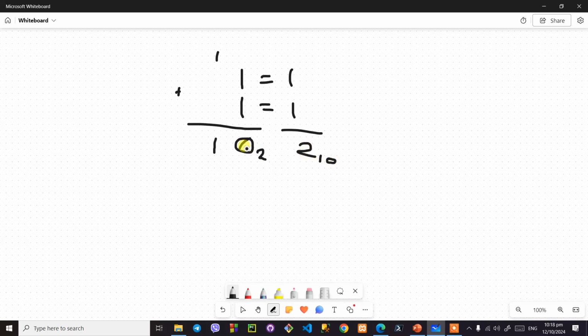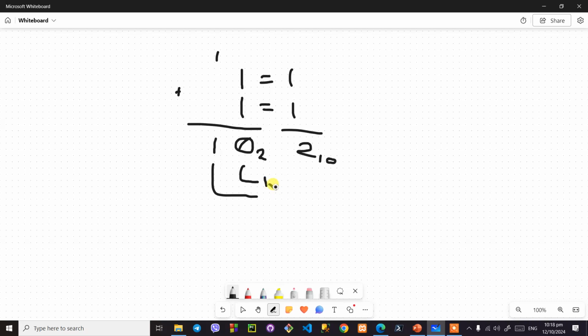So how do we know that 1 and 0 is equivalent to 2 in base 10? We designate times 2 on each digit of the binary. The first digit is 1, if you still remember our previous discussion.